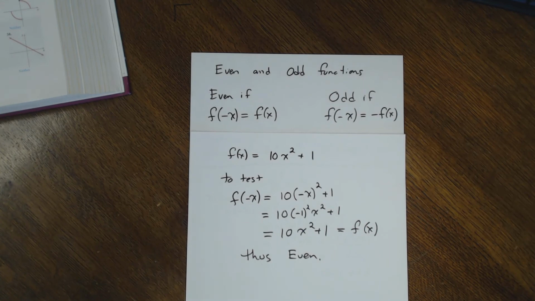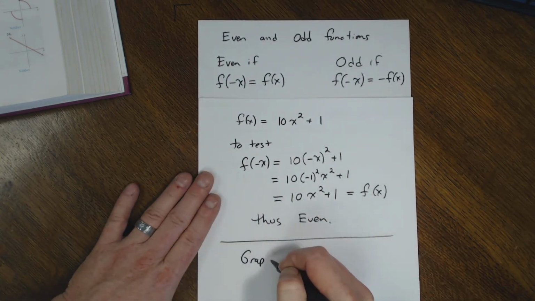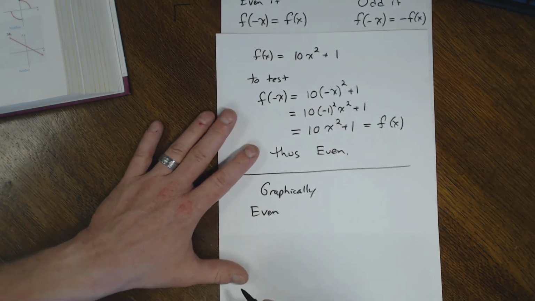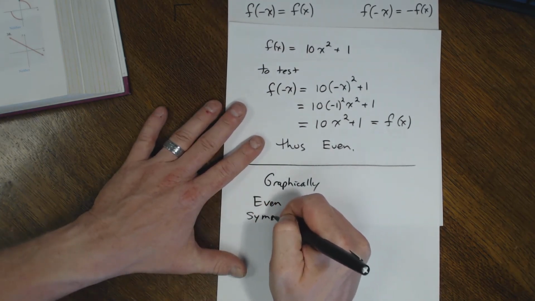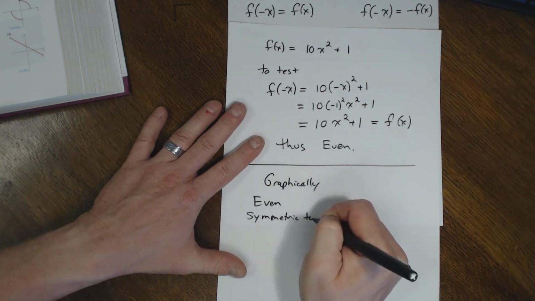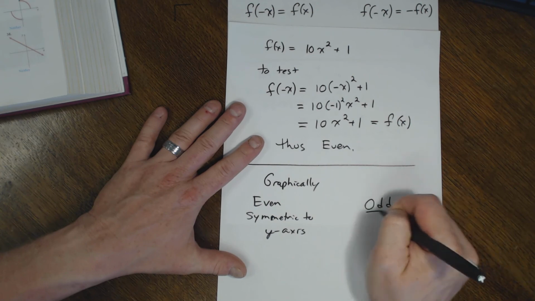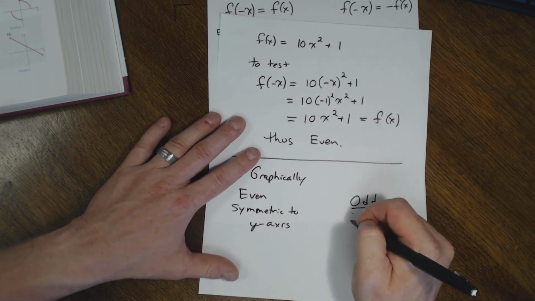And so these are the two tests. Now, graphically, an even function is symmetric to the y-axis. An odd function can be rotated about the origin.